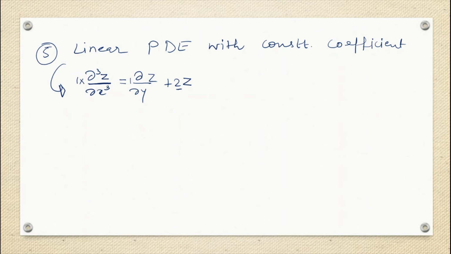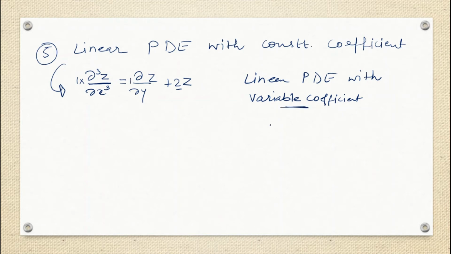Now I'll give you an example of a linear PDE with variable coefficient. If the same equation is written, the coefficient will be variable in any of the terms or all of those terms.